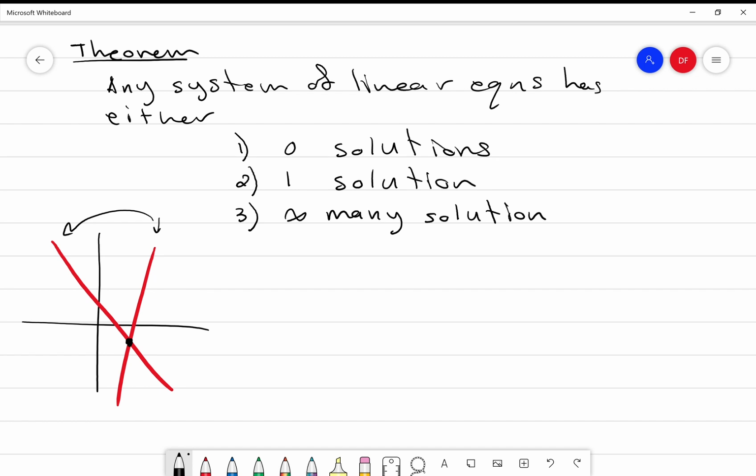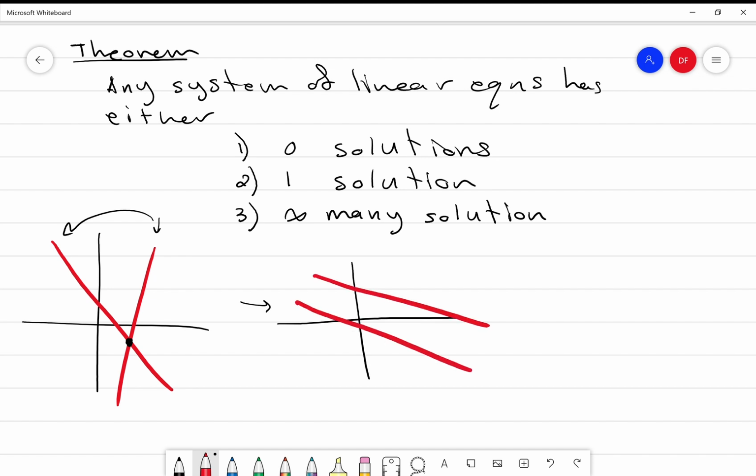So two lines in two dimensions can either have one intersection, it can have zero intersections, or if the lines were on top of each other, then you see this is infinitely many solutions.